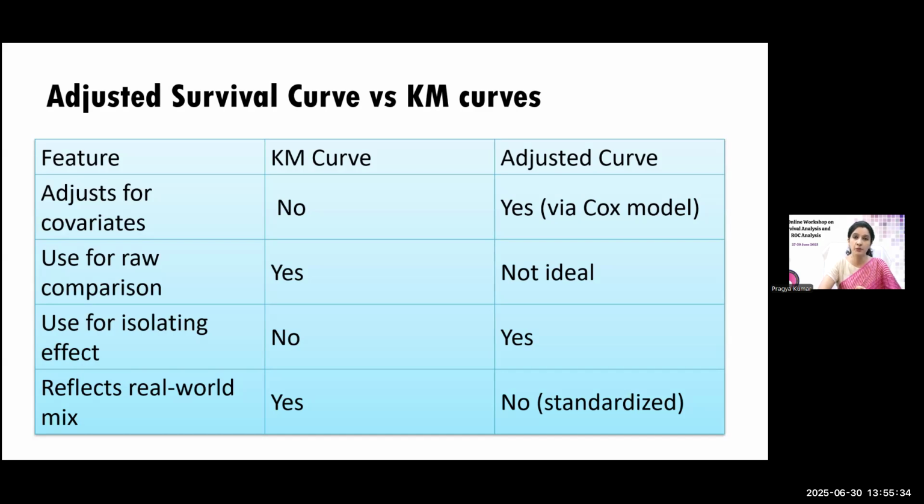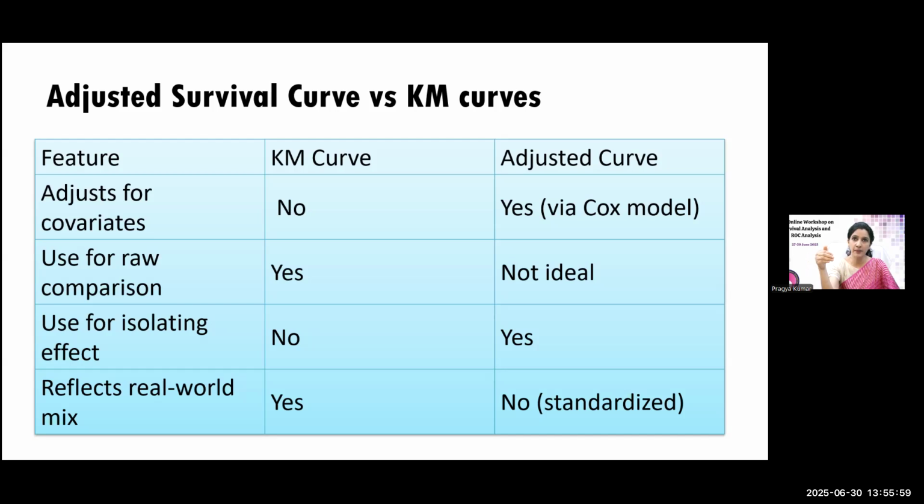But the survival curve which you get from the Cox proportional hazards model is your adjusted survival curve. If you just want a raw comparison, an initial analysis, then you may go for Kaplan-Meier. But if you want a more sophisticated analysis with control of confounding, then you should use the Cox proportional hazards model.